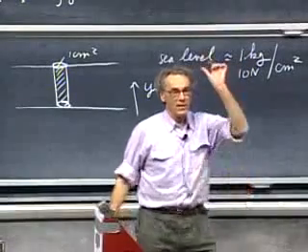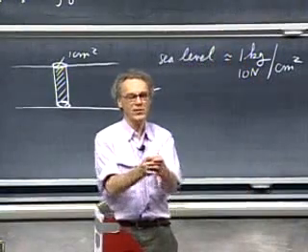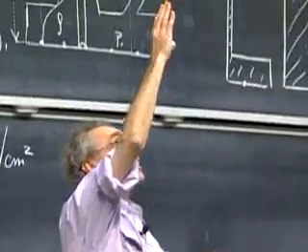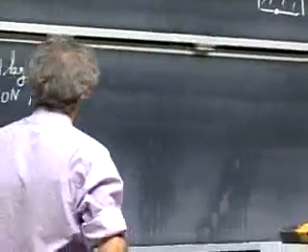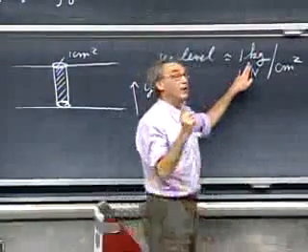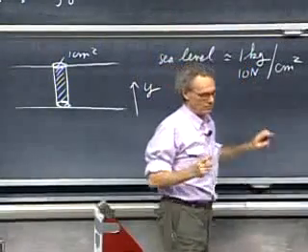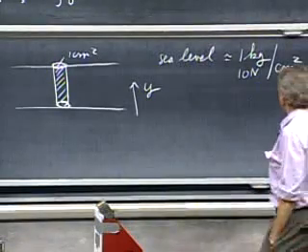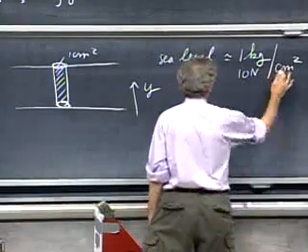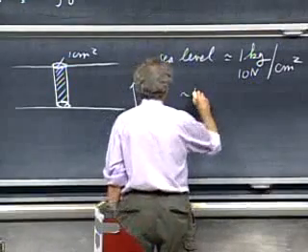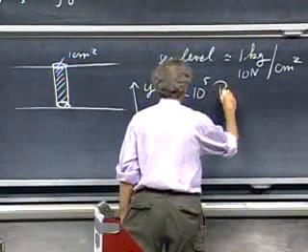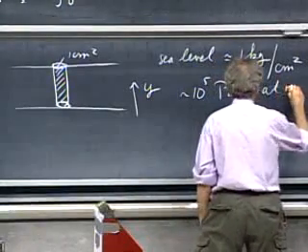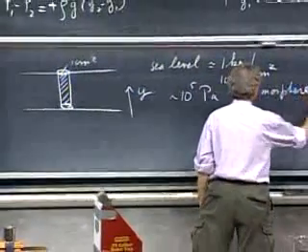It means then that this whole column, if I take a 1 square centimeter tubing all the way to the top of the atmosphere, a few hundred kilometers, that would weigh 1 kilogram only, all that air. 1 kilogram per square centimeter, if you convert that to newtons per square meter, then you get roughly 10 to the 5th Pascal. And that is called generally 1 atmosphere. It's called the atmospheric pressure.